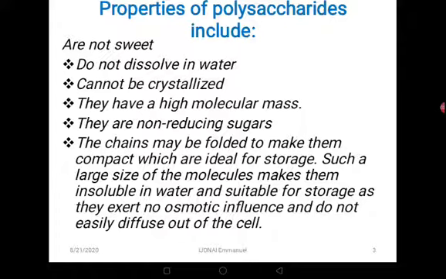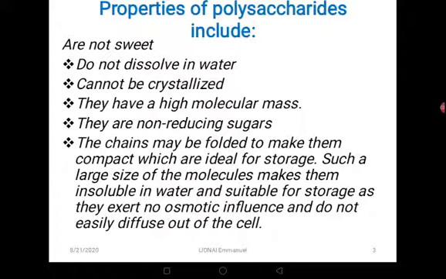So therefore, the molecular mass is increased depending on the number of monosaccharides involved in the formation of this polysaccharide. And then they are non-reducing sugars. So if you react them with Benedict solution, they do not change the color of Benedict solution to orange or red or brown. So that means they are non-reducing sugars as well.